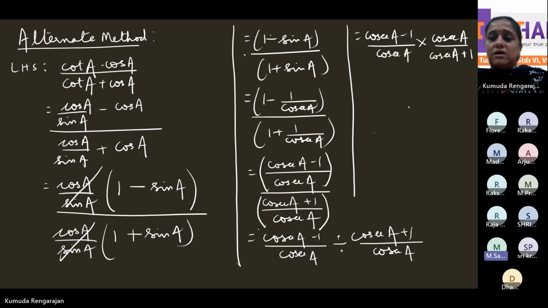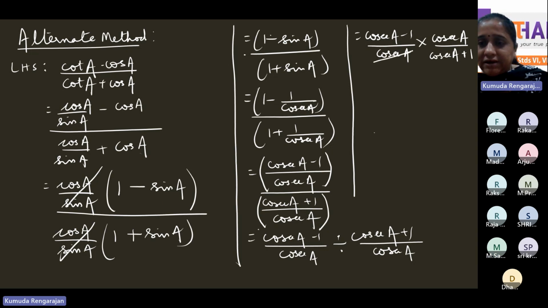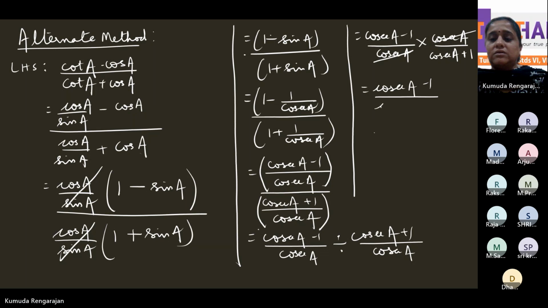Now you can cancel, right? Cosecant A and cosecant A can be cancelled, yes or no? Yes, ma'am. So cosecant A minus 1 by cosecant A plus 1, which is the RHS.